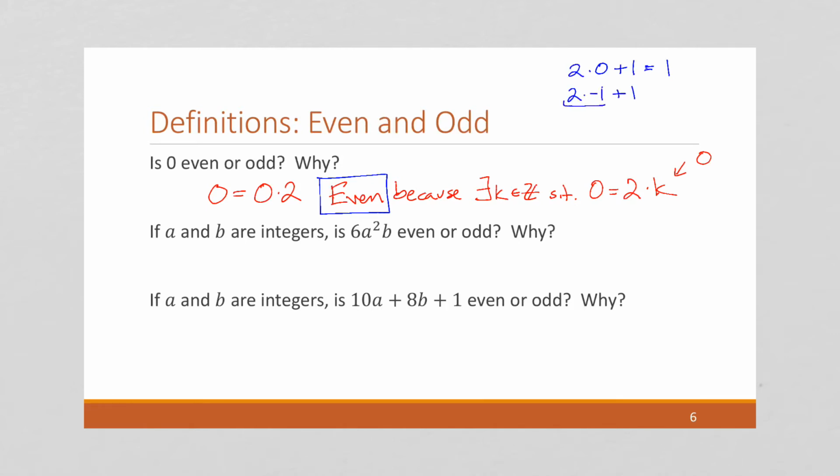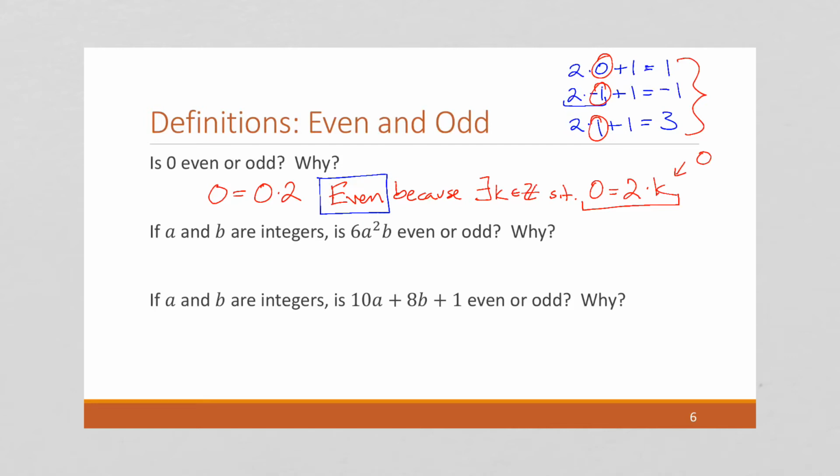Well, this is negative 2 plus 1. This gives us negative 1. What about 2 times positive 1 plus 1? Well, that's 3. So if you plug in any integer here, it isn't going to work. We're never going to get 0 out. The only way we can get 0 out is if it's even, and thus just 2 times 0.